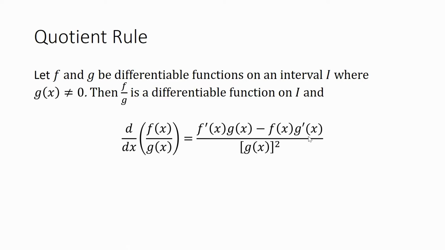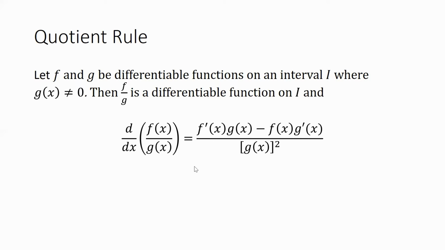You'll notice that the top looks very similar to the product rule, except that we have a minus instead of a plus. And then the denominator is just the denominator squared. So as long as these two functions are differentiable and we don't get 0 in the denominator, then this will work out.